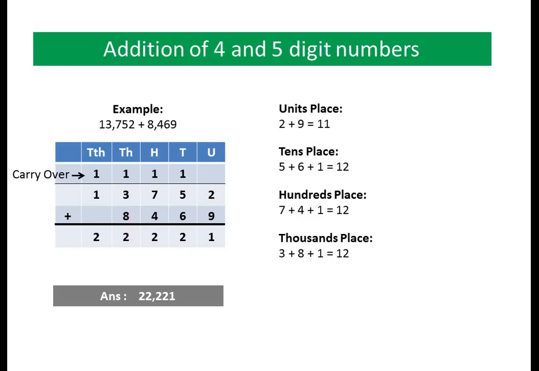Write 2 in thousands place and carry 1 to 10,000s place. And next add the digits in 10,000s place. 1 plus 0 plus carried over 1, that is 1 plus 1 is equal to 2. So write 2 in 10,000s place. Thus answer is 22,221.